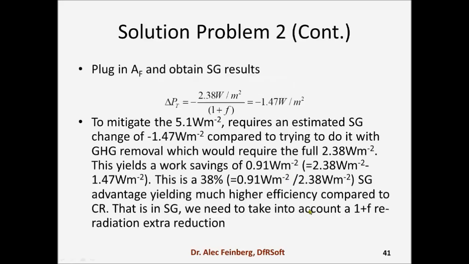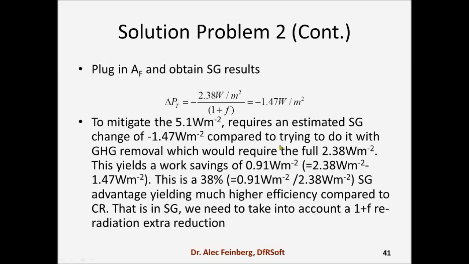Now, another thing to notice is that two things happen when you paint a black road white. Not only do you cool the road off, but you also reduce the greenhouse gas irradiation that occurs from the heat from that road. So that's two things that happen.